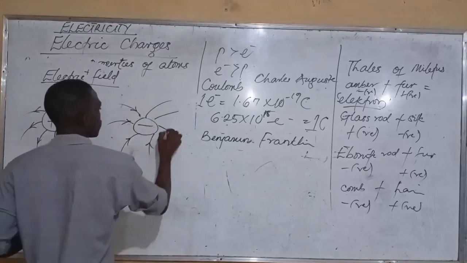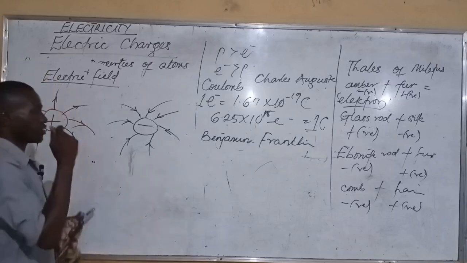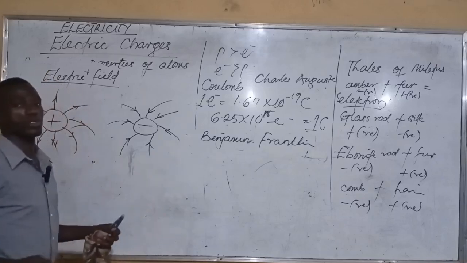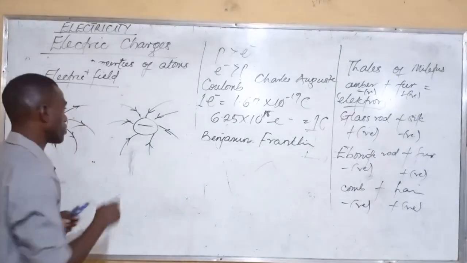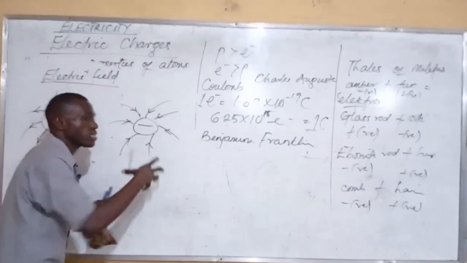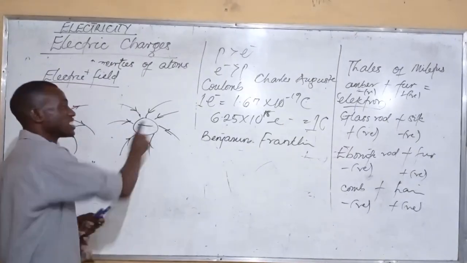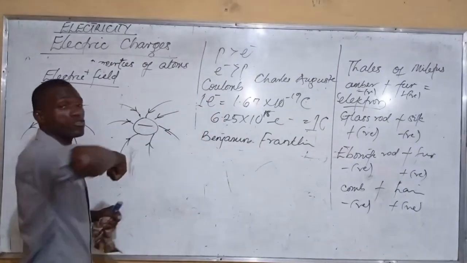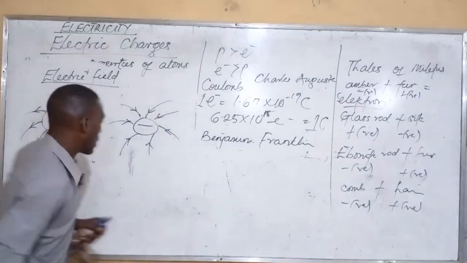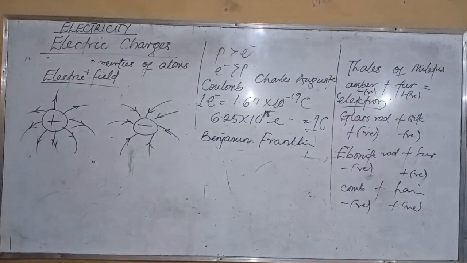That is why, if you rub plastic or a comb on your hair and use it to pick up a piece of paper, it is attracted to the paper. So the field is attractive towards it. Do you understand? We represent it in field lines with arrows going into the charge, while for the positive the arrows are going out of the charge. Now that is that for electric field.